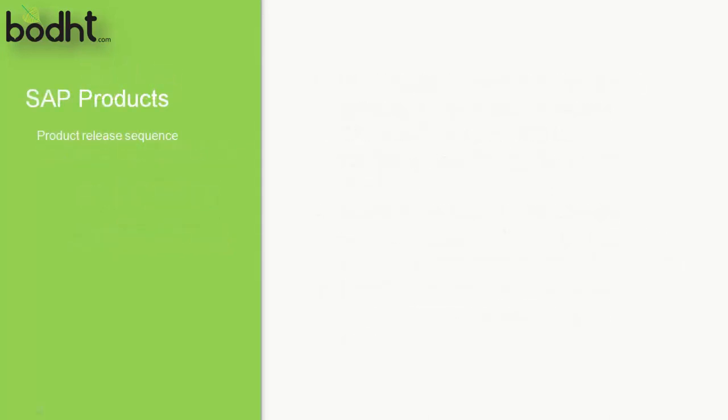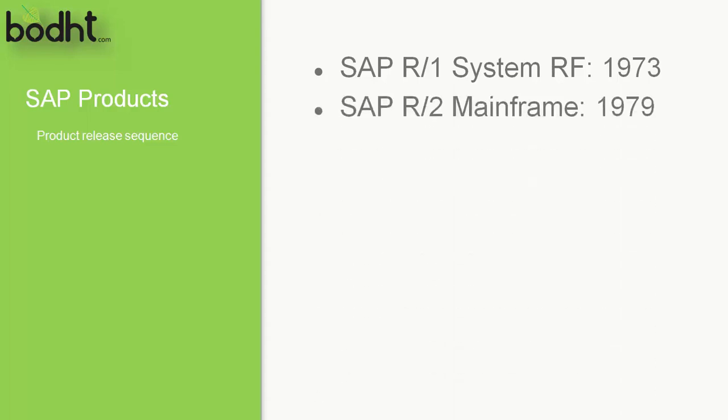A very important thing is which SAP products they have released in the past and now. They released their first system in 1973, called SAP R1. This was mainly on radio frequency instruments. Then SAP R2 was released on mainframe in 1979.